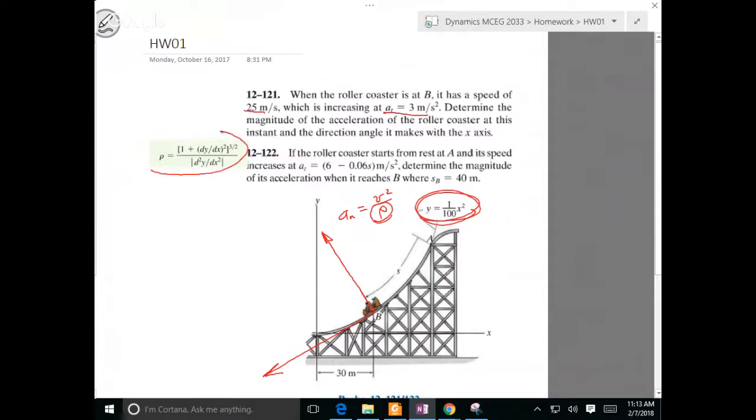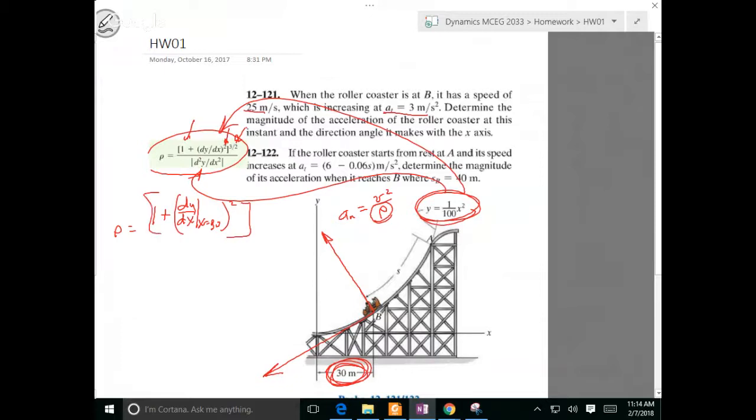What you have to do is take this function, take its derivative once, square it, and then add 1 to it, then take 3/2 of it, then take the derivative again and put it on the bottom. But you're interested in it when x is 30. So rho is equal to 1 plus dy/dx at x equal to 30, squared, to the 3/2, over the absolute value of the second derivative, and that's when x equals 30.